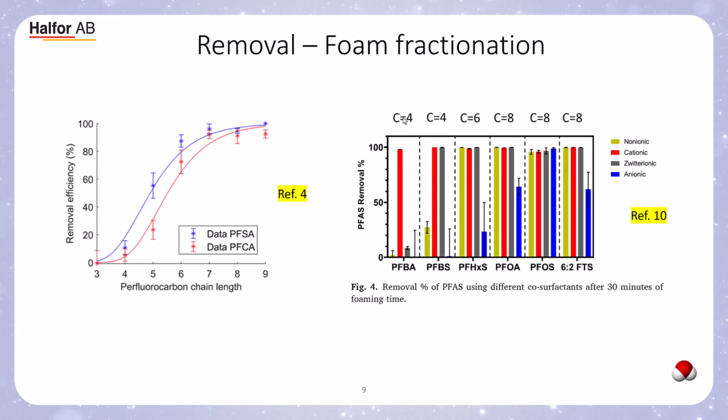And looking at 4 carbon atoms, which we know if we wouldn't have a surfactant would be rather hard to remove. But in this case, using a cationic surfactant, we have a very good removal. So here we have focused the surfactant on the PFAS we want to remove. And this is something you will find out in pilot trials or lab trials, of course.